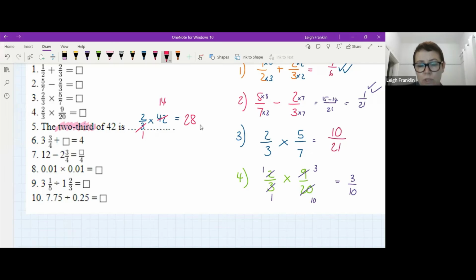And 2 times 14/1 would give us 28. Or if we wanted to, we could say 2 times 42, which would give us 84. And 84 divided by 3 is also 28. Okay, so either one of those 2 ways is 100% fine. Okay, well done, Ntabiseng.